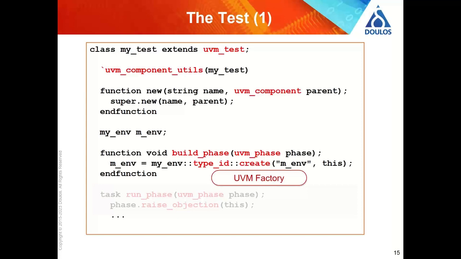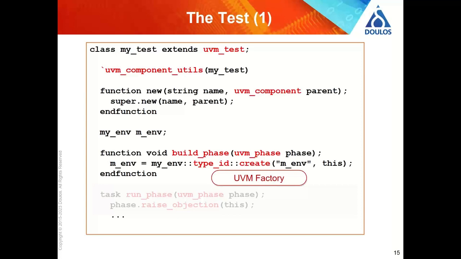The idea is that the create function is going to call new, but before calling new, it first looks up to find out what type of object it should be calling new on. That's how we've got this customization. So if we've overridden the factory, even though we're calling create for my_env here, if my_env has been replaced with a different type in the factory, we'll get that different type. The only requirement is it has to be a type that is derived from my_env.